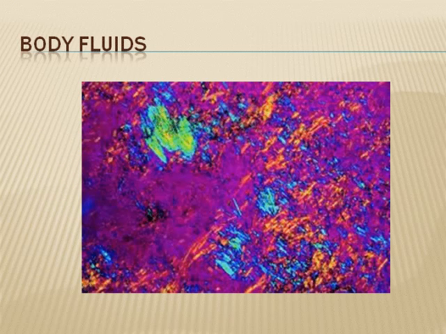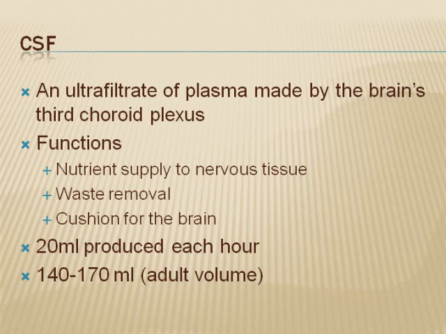All right, so let's move on to body fluids. The first fluid we're going to talk about is cerebrospinal fluid, CSF. This is an ultrafiltrate of plasma, which is made by the brain's third choroid plexus. It has several functions that are pretty important.